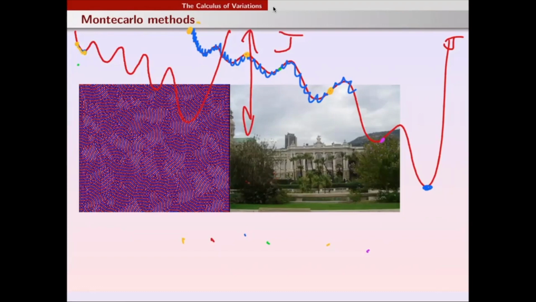The steepest descent algorithm will stop here. Why? Because if you want to improve this configuration and go to this well or this well, or the actual well where the global minimum is, in order to exit this well you have to move up, and gradient descent will never allow you to go up. You are always going down.